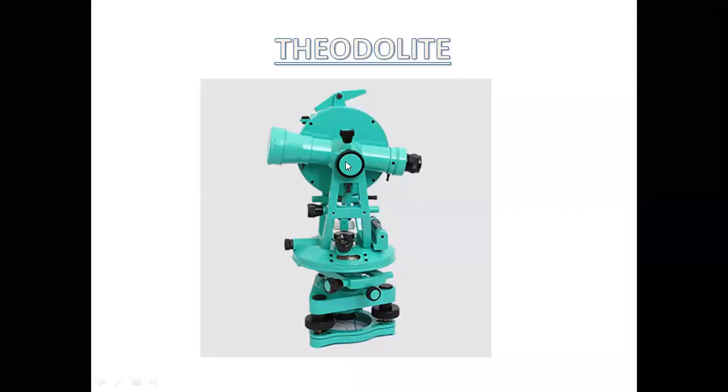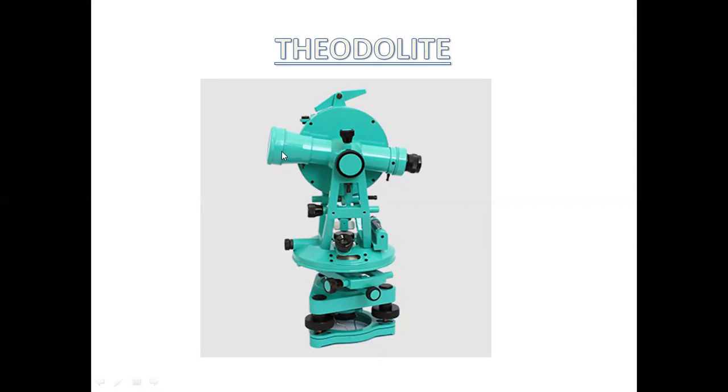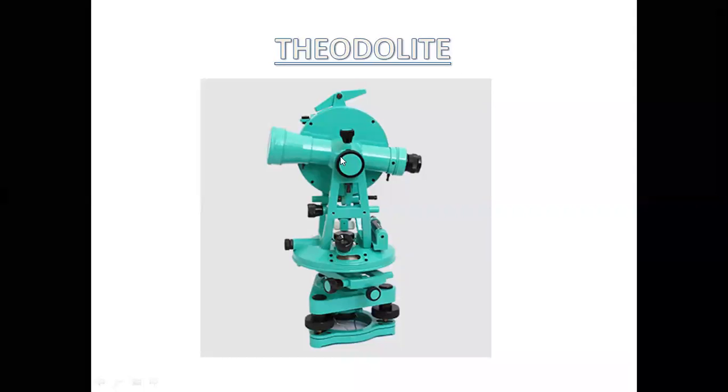There are some theodolites of which the telescope doesn't revolve at any angle, then it is called a non-transit theodolite. Then it can be used as a dumpy level also. For some non-transit theodolites, this telescope can be revolved for a few degrees up and down also, 5 or 10 degrees up and 5 or 10 degrees down.